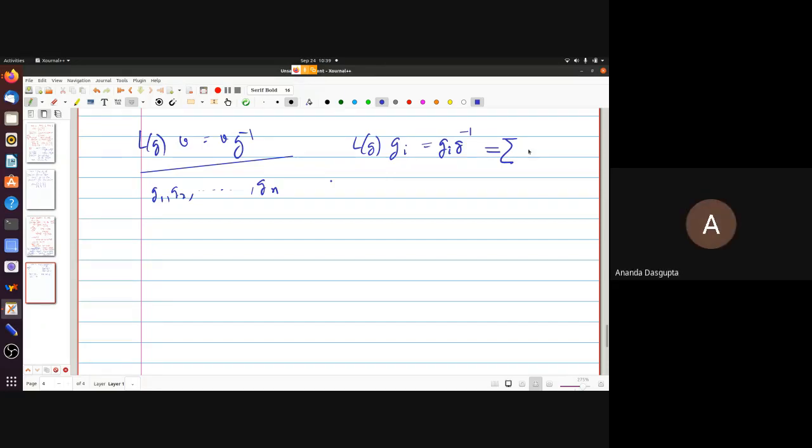So when I do G_i, of course, what I have to get by definition is the j-th element of the regular representation D(G), multiplying G_j. These are just numbers, right? j equal to 1 to n.